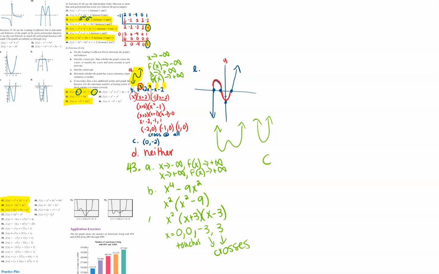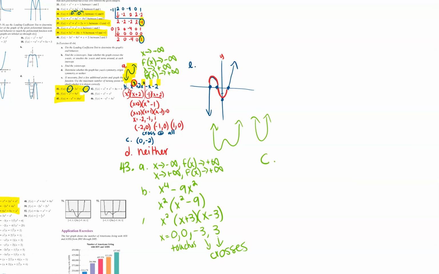So C asks for the y-intercept. So if you look at this, there is no constant on the end, and this is in standard form, so the constant must be 0. So the y-intercept is at the point 0, 0. You could get that by just plugging in 0 for x also.